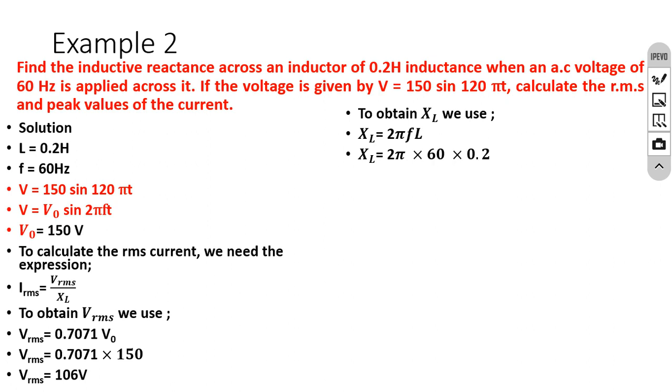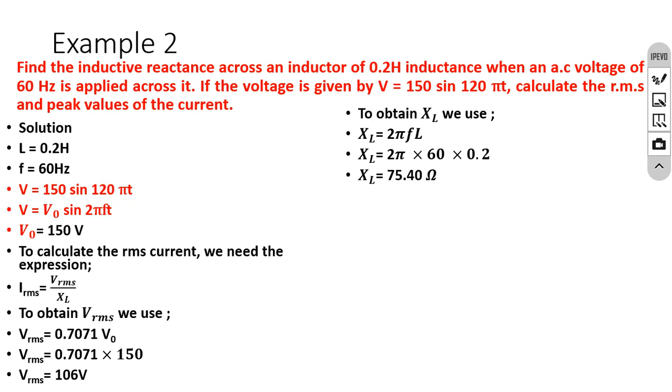So XL equals to 2 pi times 60, the value of the frequency, times 0.2 Henry. And so you see that the substitution is in order. Let's go ahead. Our reactance is 75.40 ohms.